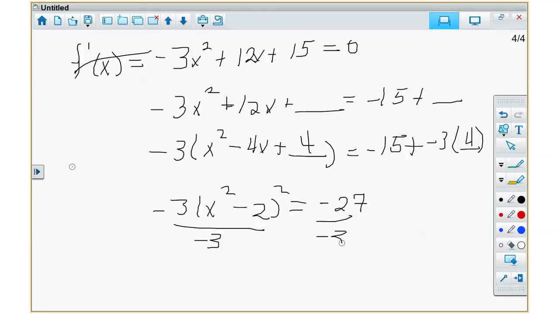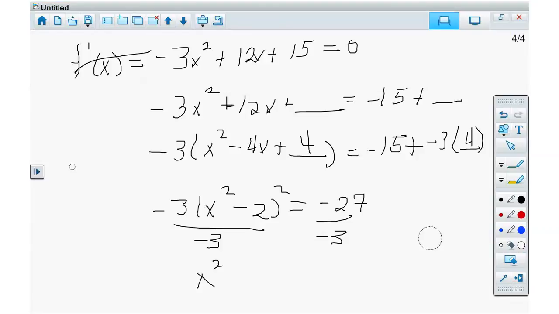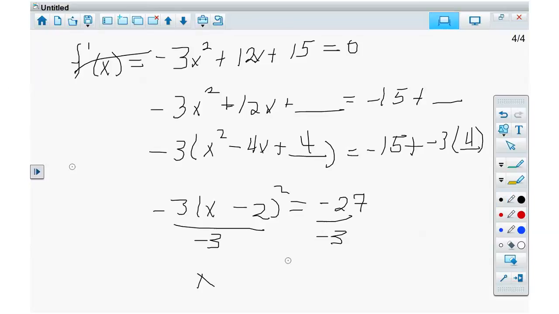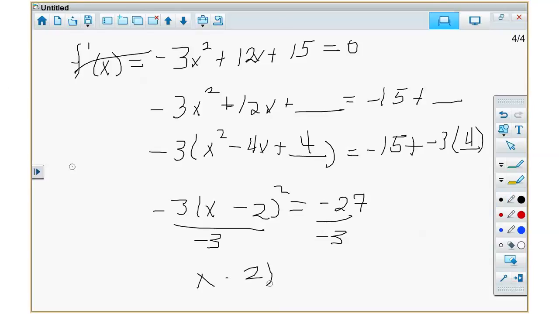X minus 2 quantity squared is equal to 9. And that's going to give us x minus 2 is equal to positive or negative 3, and x is equal to 3 plus 2, which is 5, or negative 3 plus 2, which is negative 1.